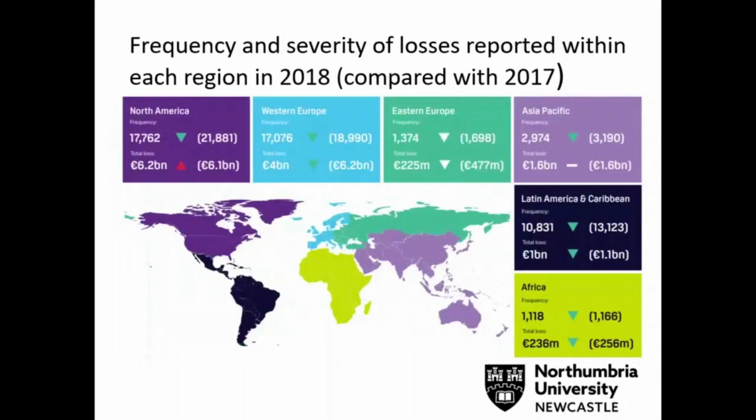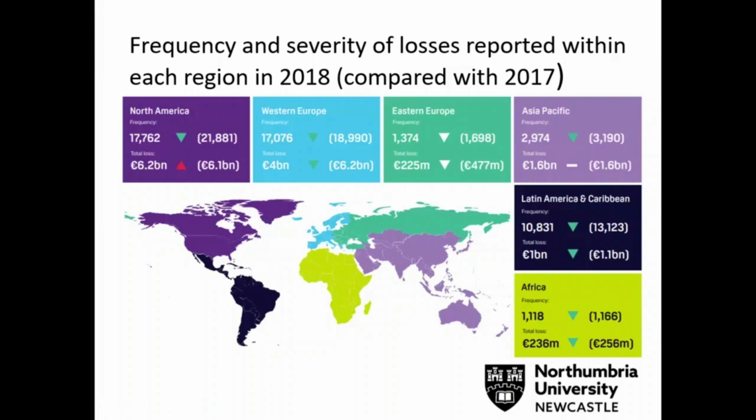If you look at the most up-to-date data that I could access, you can see how operational risk events have changed in terms of frequency and nominal around the world. Now, interestingly, if you look at North America, the frequency between 2018 and 2017 actually dropped, but the scale increased slightly.